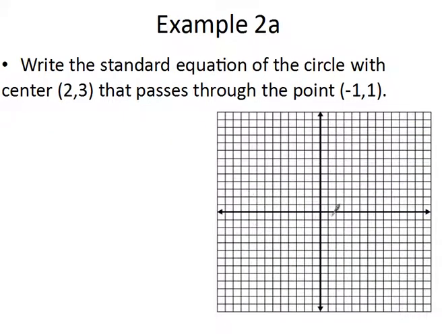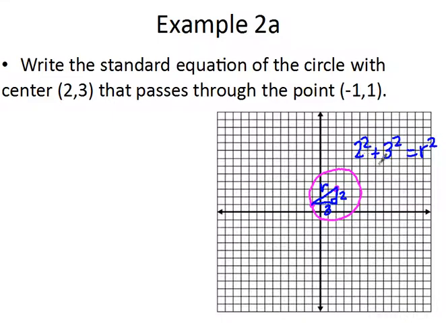Alright, let's try another one. Center of 2, 3. So there's our center. Passes through the point negative 1, 1. So your circle would go something like this. Alright, so here's your radius. So we can make a little right triangle out of this. It's 2 and 3. So we do 2 squared plus 3 squared equals r squared.